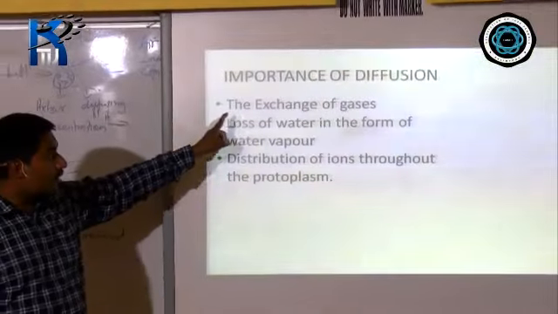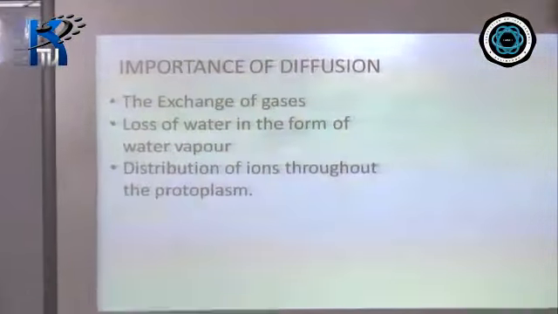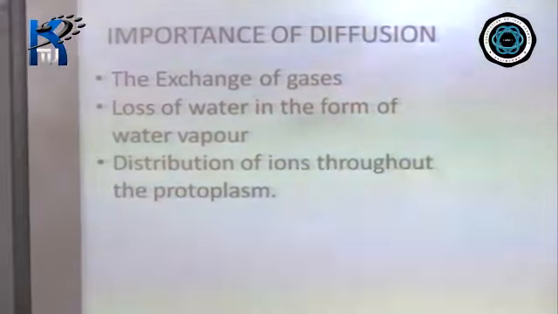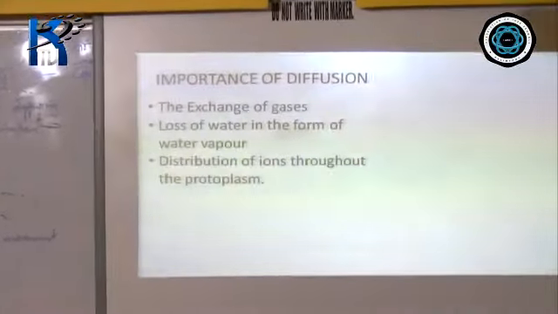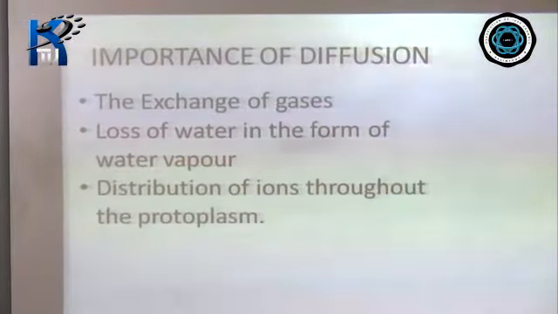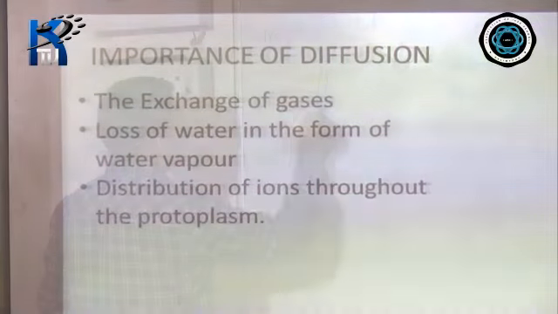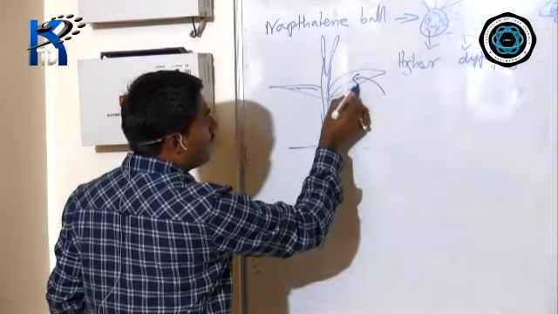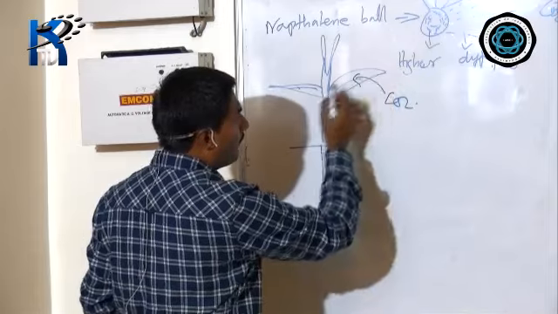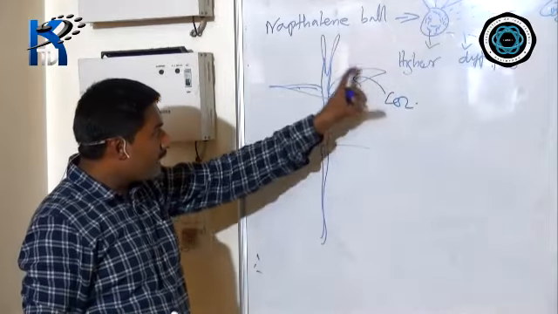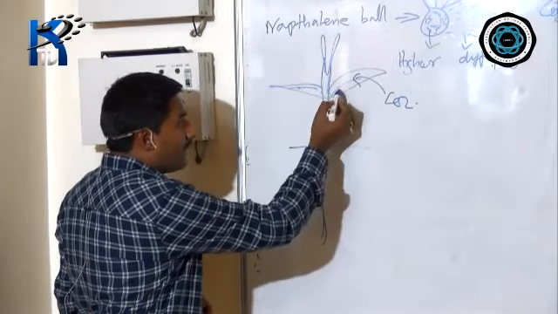Number one is the exchange of gases. What do you mean by exchange of gases? Here in the plant, the plant takes in carbon dioxide. Why does the plant take carbon dioxide?